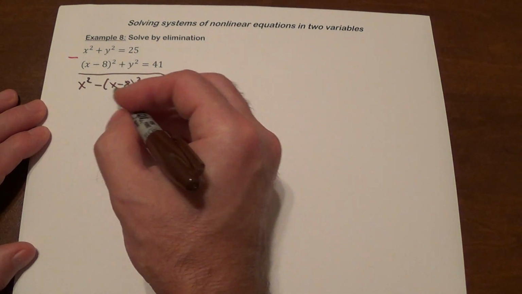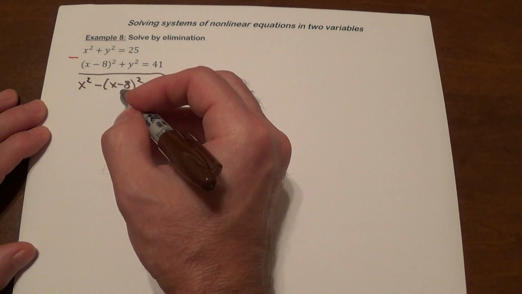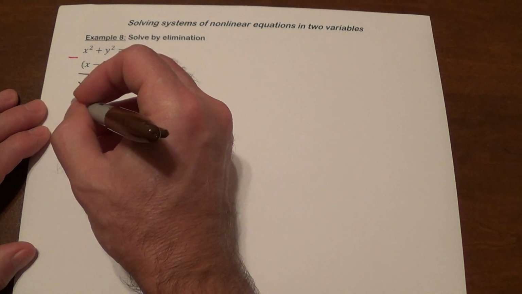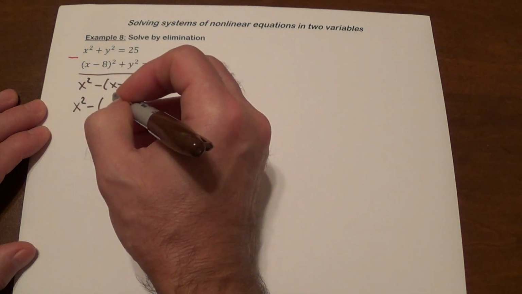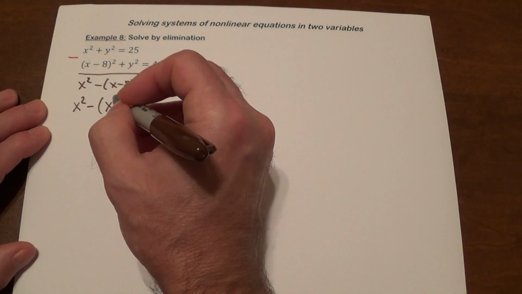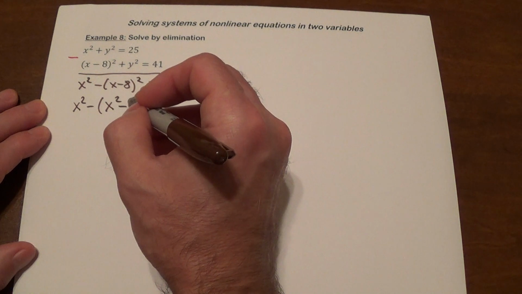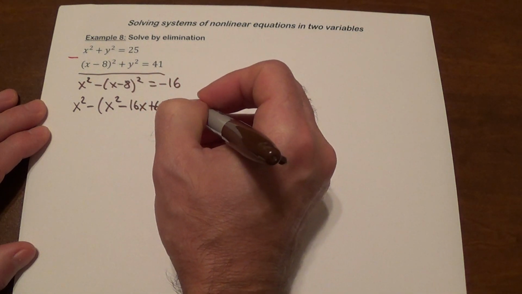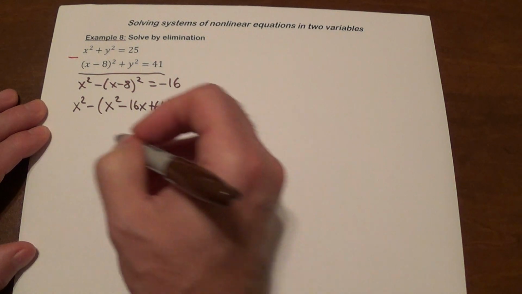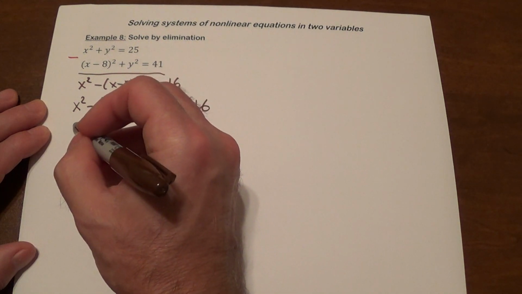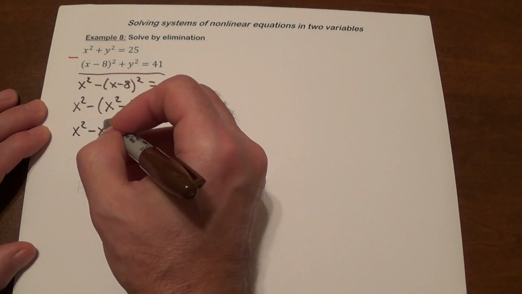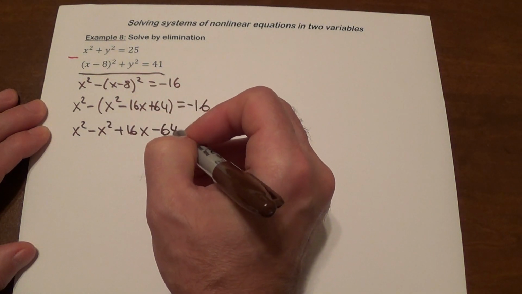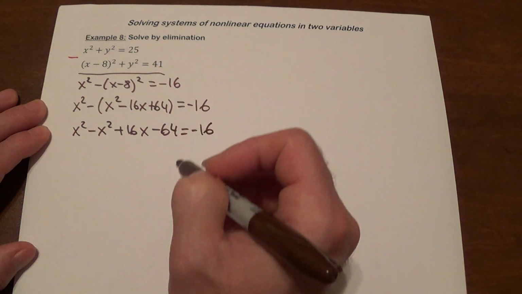Well, now we have to expand this, and please be very careful, there is a minus, so expand this first and take care of the minus, keep it in parentheses until then. x squared minus 16x plus 64 equals negative 16. Now we can distribute this negative 1, x squared minus x squared plus 16x minus 64 equals negative 16.